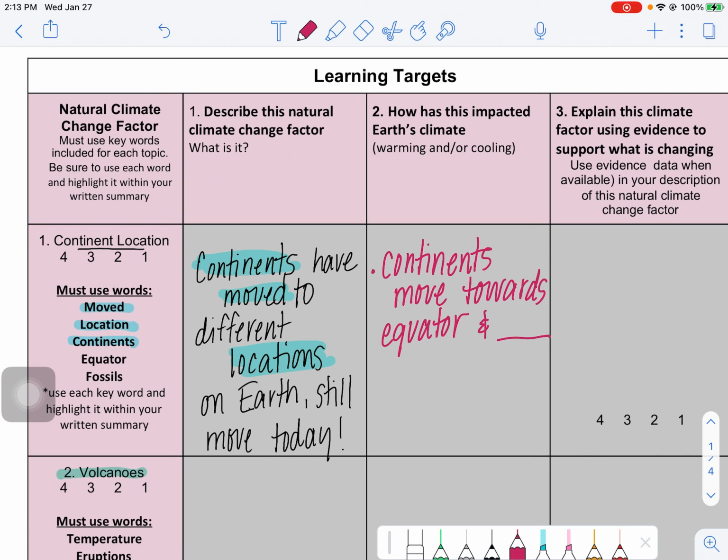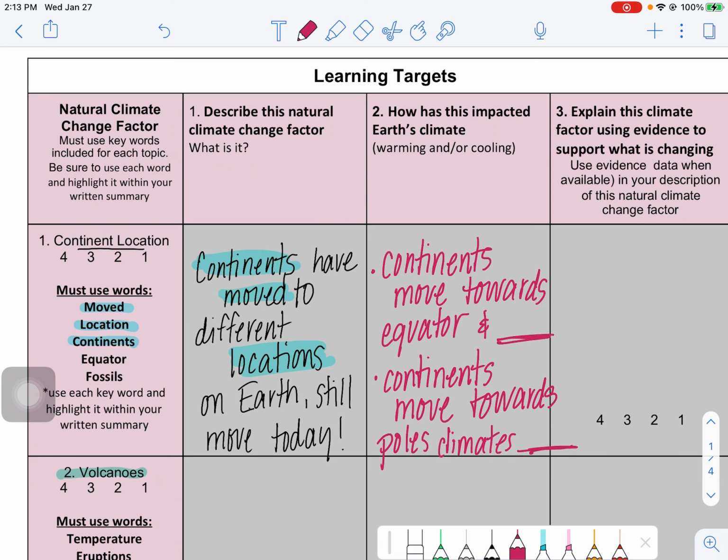And then same idea, when continents move away or towards the poles, we could say, climate warms or cools. So we're using the blanks here to write in warms or cools. And again, we used equator.